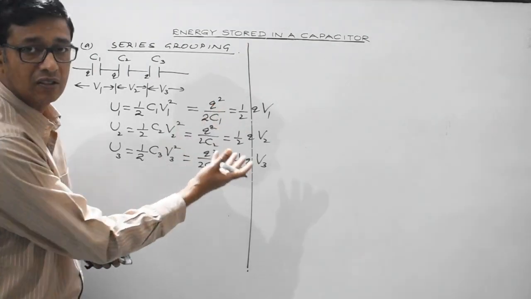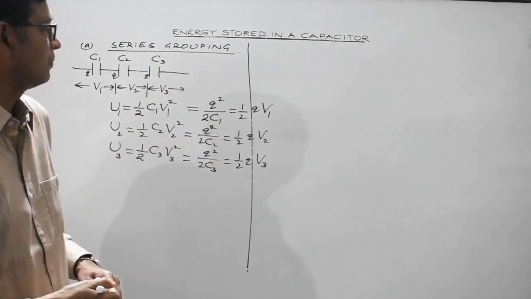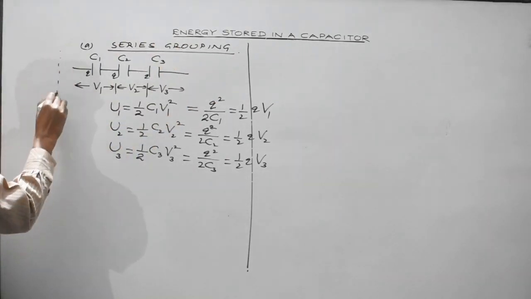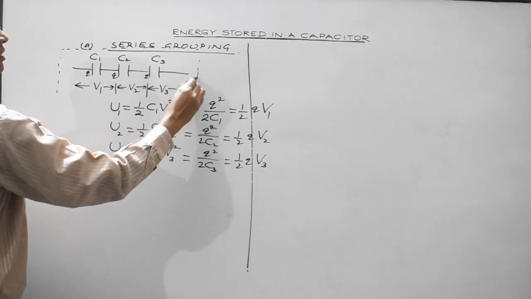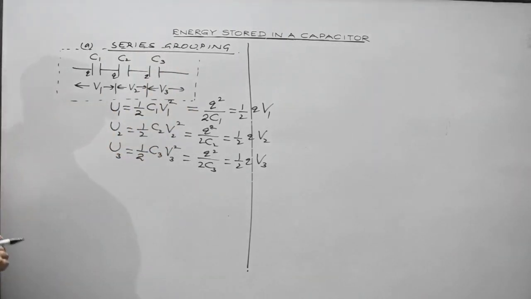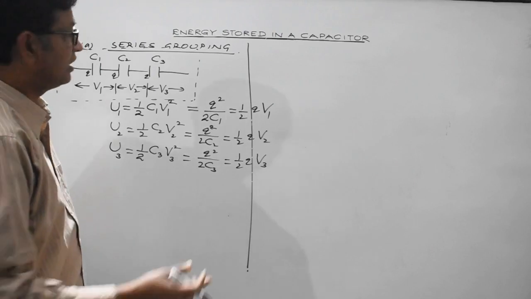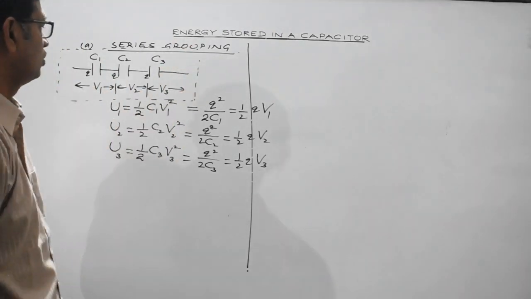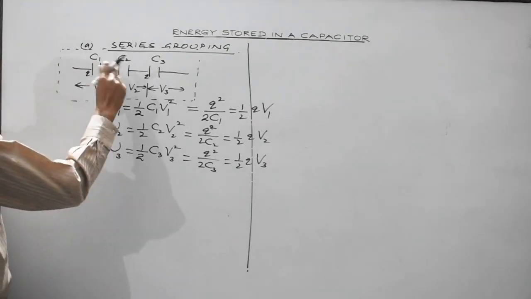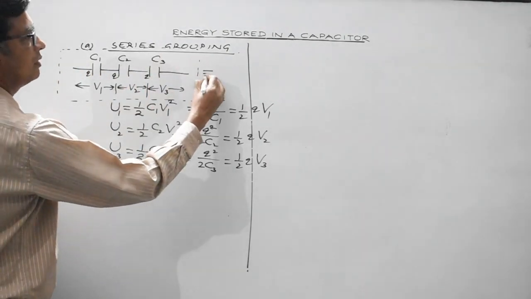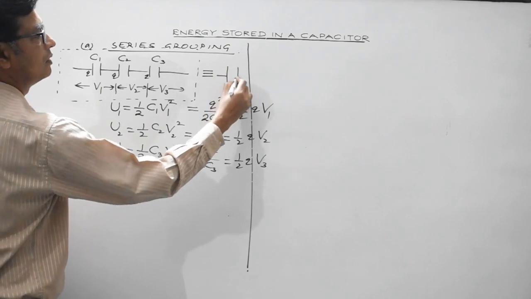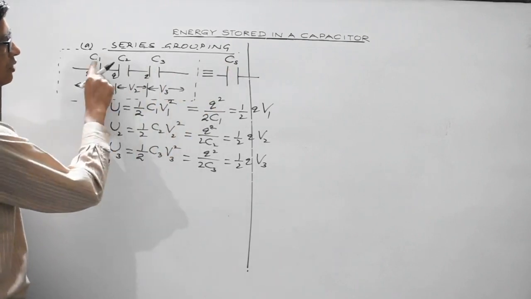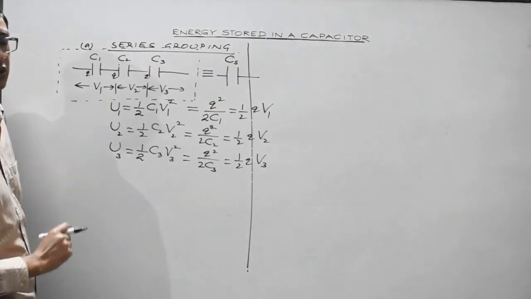So these are the three expressions for the energy stored in a capacitor. This has been done just previously, right? So total energy stored in the system. This is the system comprising these three capacitors connected in series. Our intention is to determine the expression for the total energy of this particular system, right? So suppose it is replaced by this circuit. CS is the resultant capacitance of the series grouping of three capacitors, right?